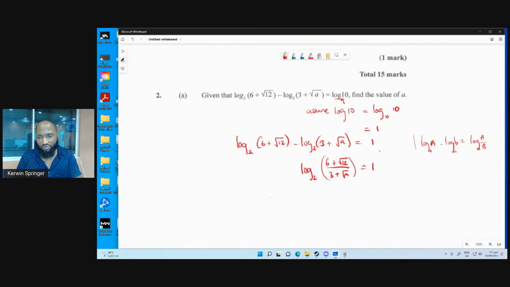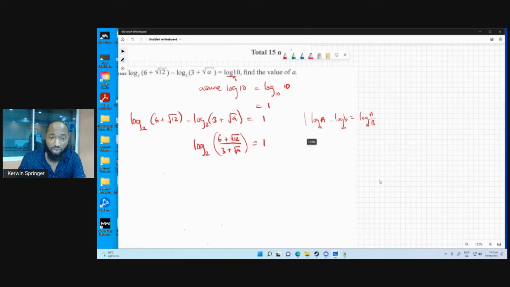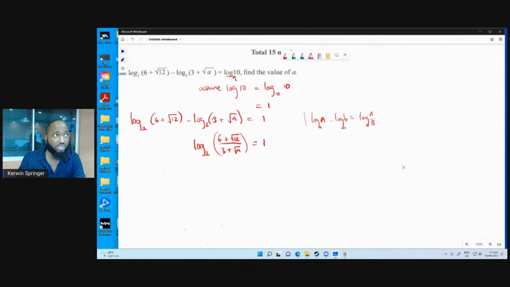And when you're in this format, you could do a couple of things. Remember, I have a few videos on logs that will help pure math students and advanced students. They're really nice videos. Press like on the video, people, that show you what logs really do.